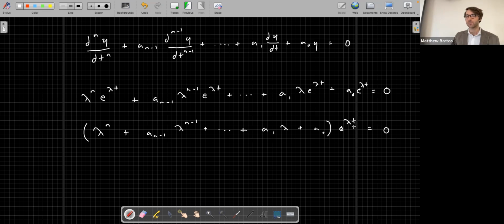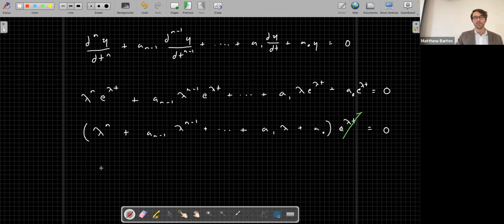Now, is it possible for e to the lambda t to be equal to 0? No, right? Only if one of those variables is negative infinity. So we can just not worry about this term here. Let's just divide through by e to the lambda t. It won't affect the solution.